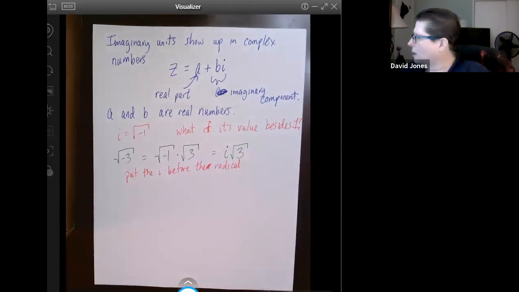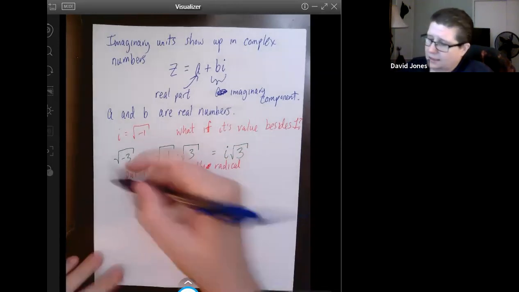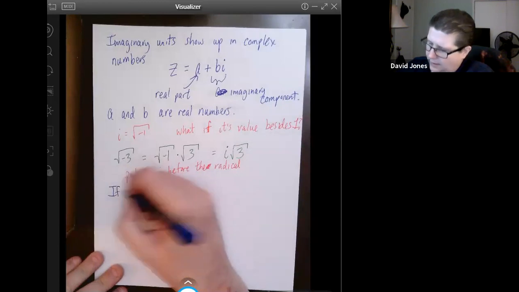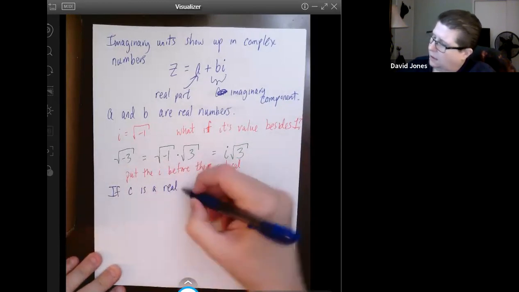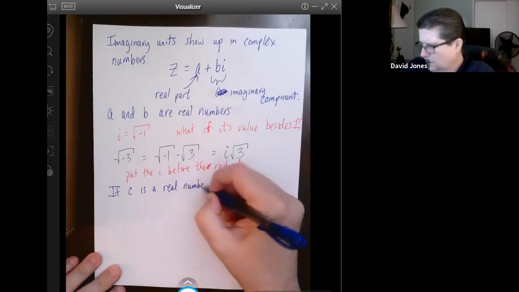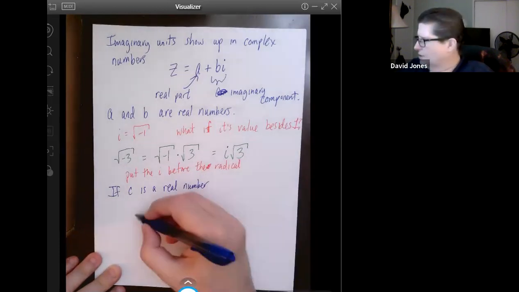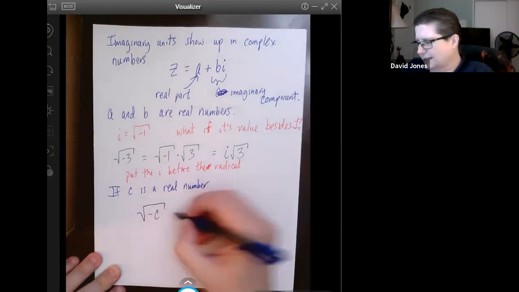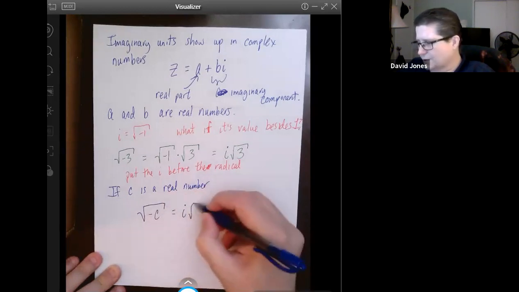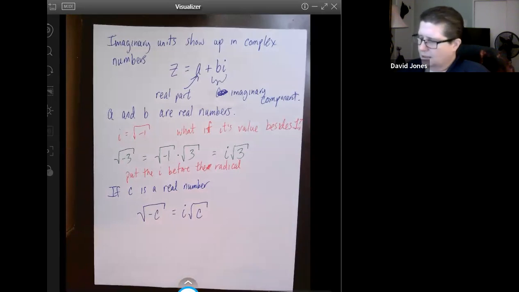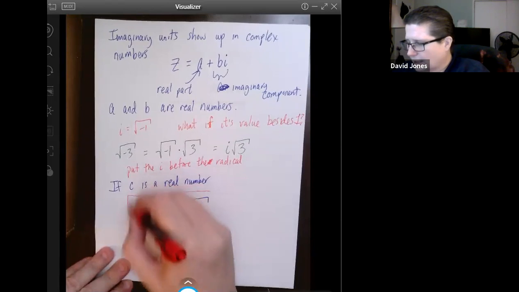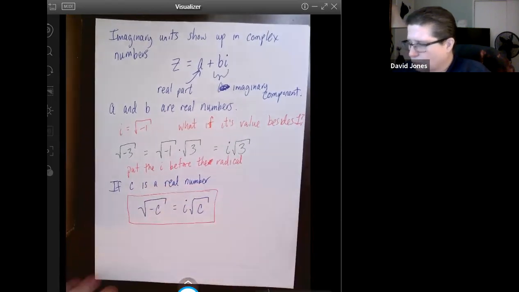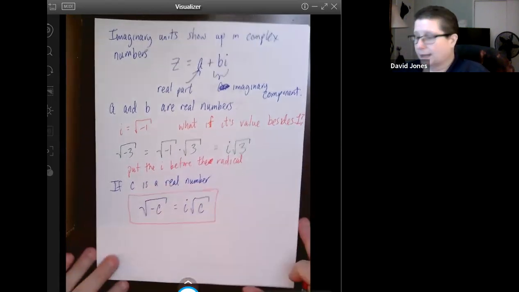Okay. So if c is a real number, then the square root of -c equals i times the square root of c. And this rule is the most important rule in complex numbers because breaking it causes the mathematics to break.